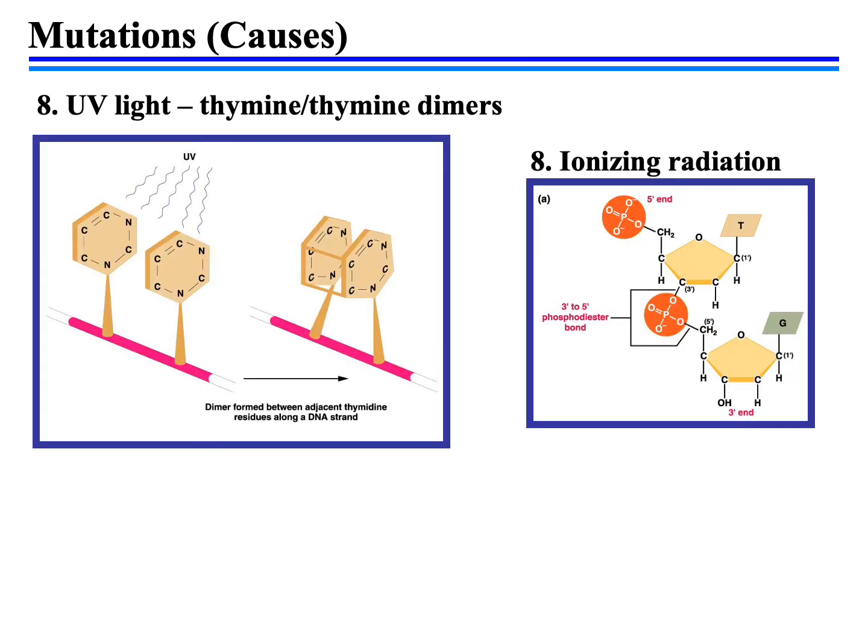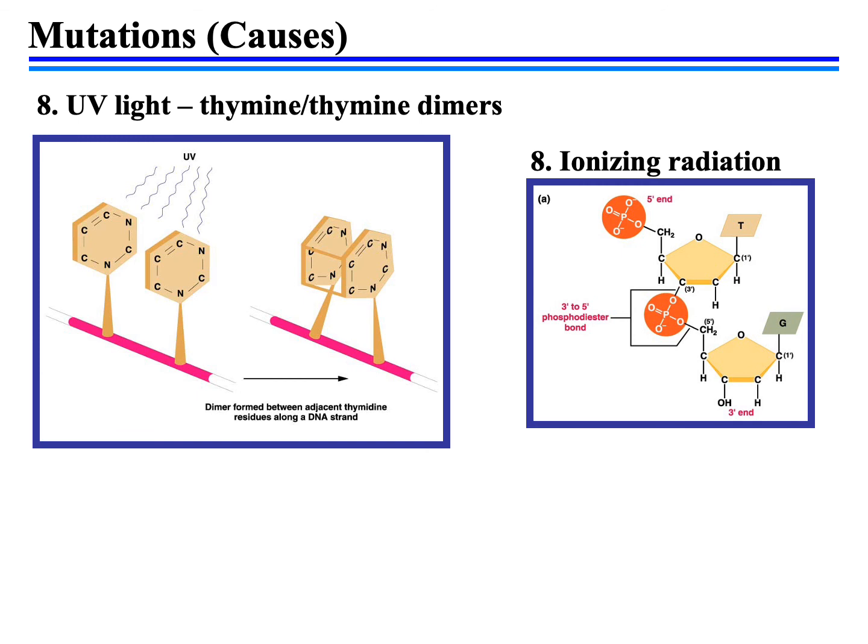The last two examples of causes of DNA mutations are related to one another in that they both cause structural damage of the DNA. The first example, labeled number 7, is UV light. Ultraviolet light has a great deal of energy associated with it.